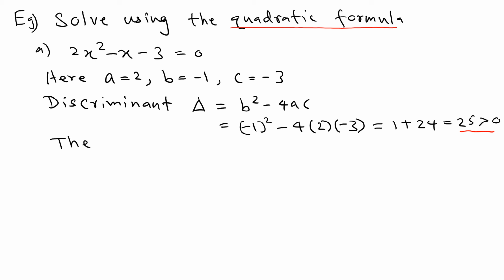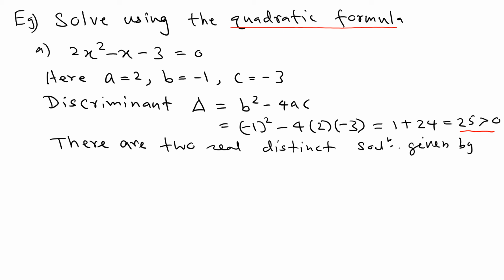So there are two real distinct solutions, and you can get them by the formula. The formula is x equals negative b plus or minus the square root of b squared minus 4ac, over 2 times a.